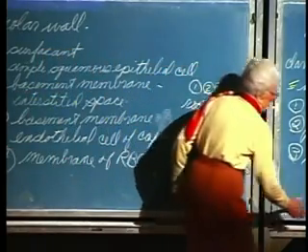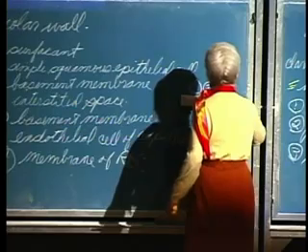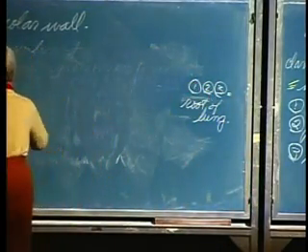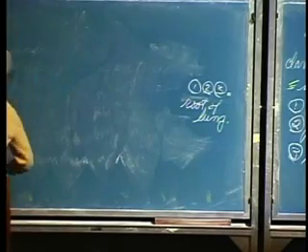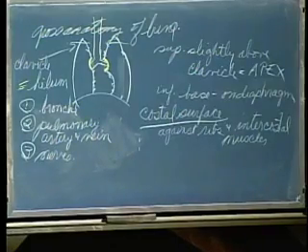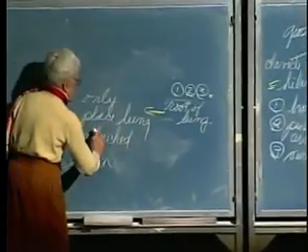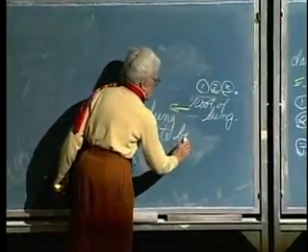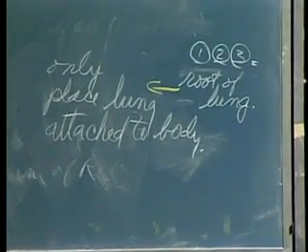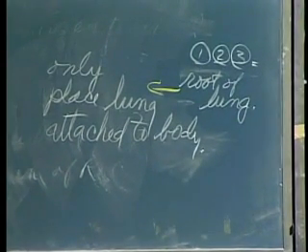So the root, only place lung attached to body. Then the lung is going to have its coverings, just like we had with the heart. We're going to have the pleura.